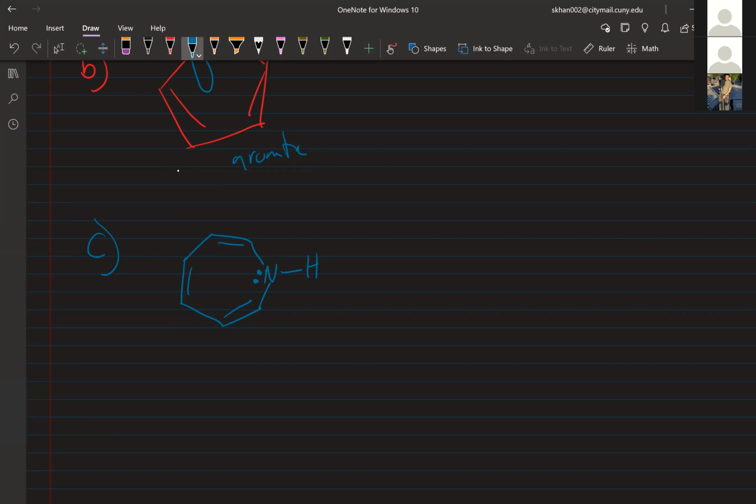It'll take a little time. Send me the answer directly, so that way you don't give it to other people who might be working on it. What kind of orbital will the lone pair be in? And will it or will it not participate in aromaticity?